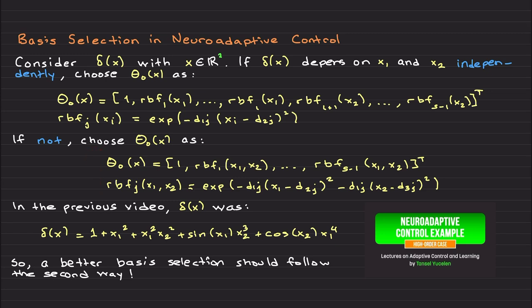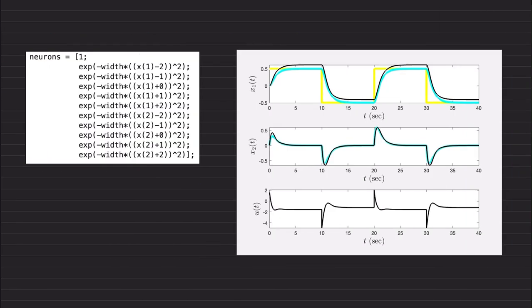Now, if you have x1, x2, and x3, you have another term added here, and it will go on like this. Let me clarify how we are going to choose the centers. This was from the previous video that I just highlighted. In addition to the bias, this was the first case.